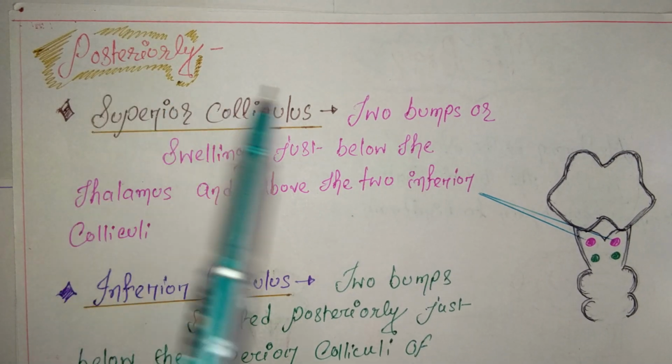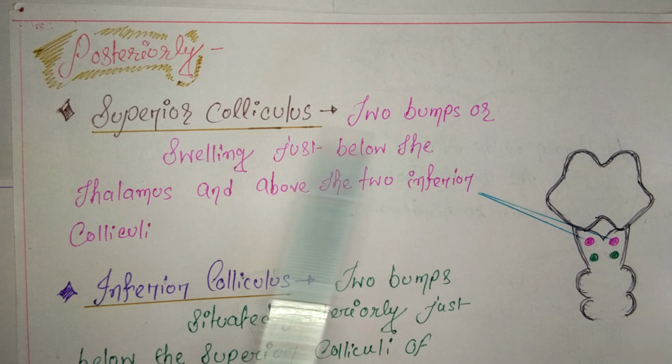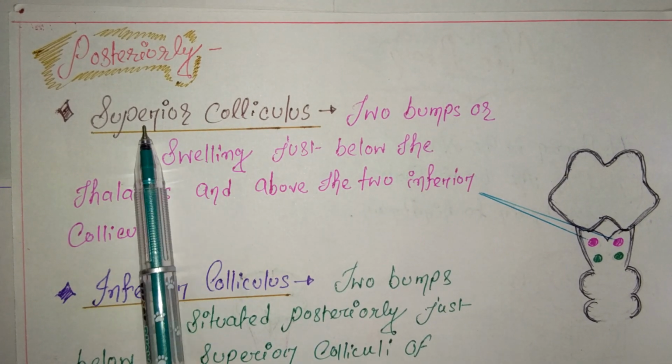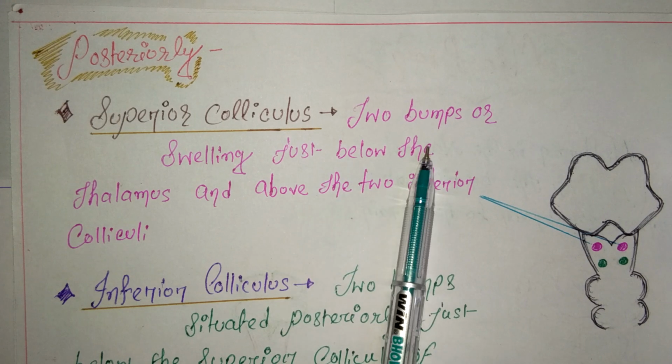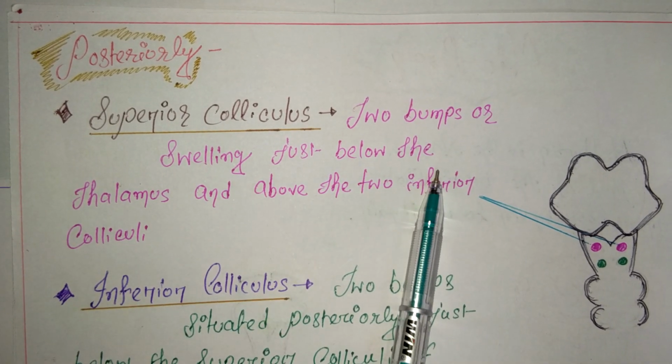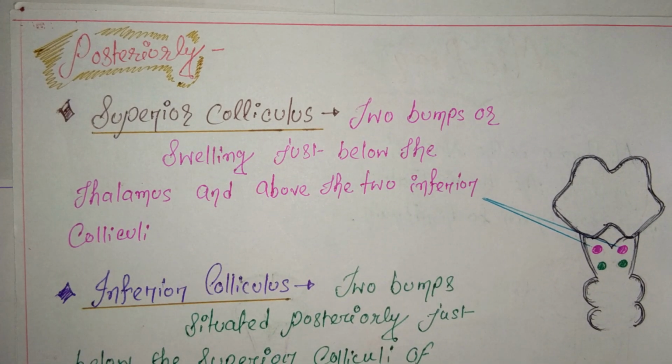And posteriorly, this is how it looks. Superior colliculus: two bumps or swellings just below the thalamus and above the two inferior colliculi.